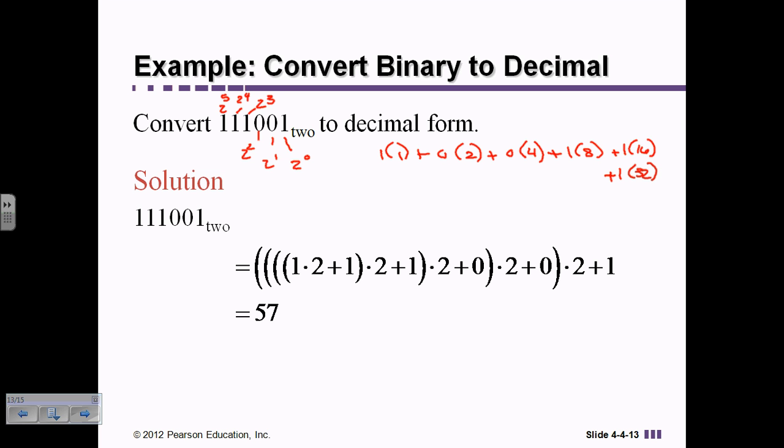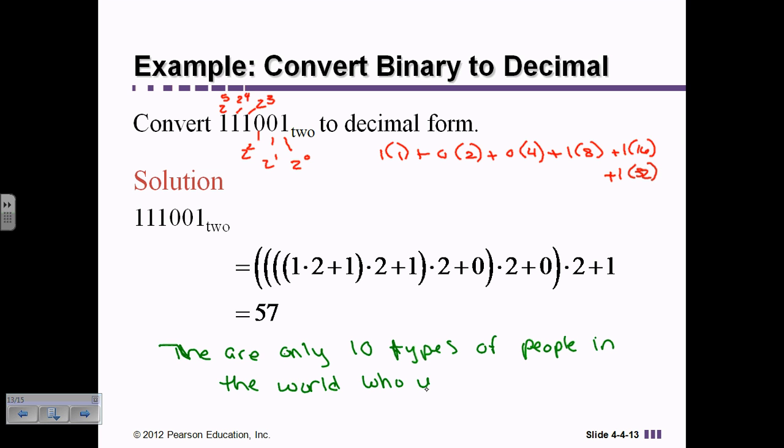So, of course, I have to throw in one little joke here. There's a very common joke that says, there are only 10 types of people in the world who understand binary, you and me.